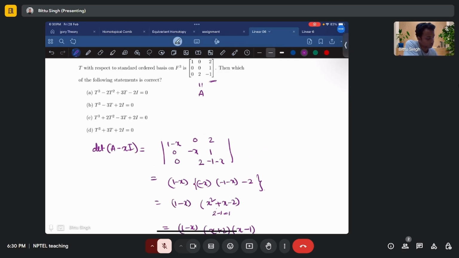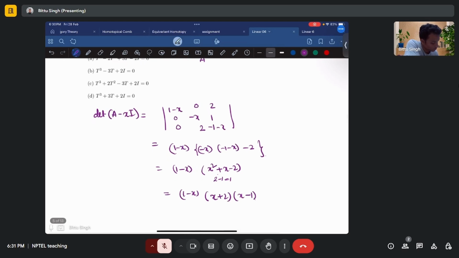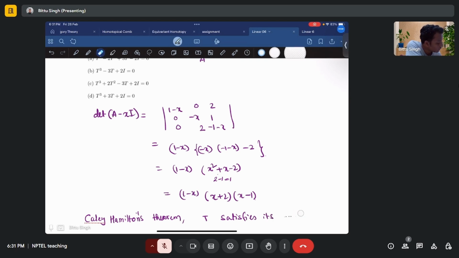We know that by Cayley-Hamilton's theorem, the operator T satisfies its characteristic equation.